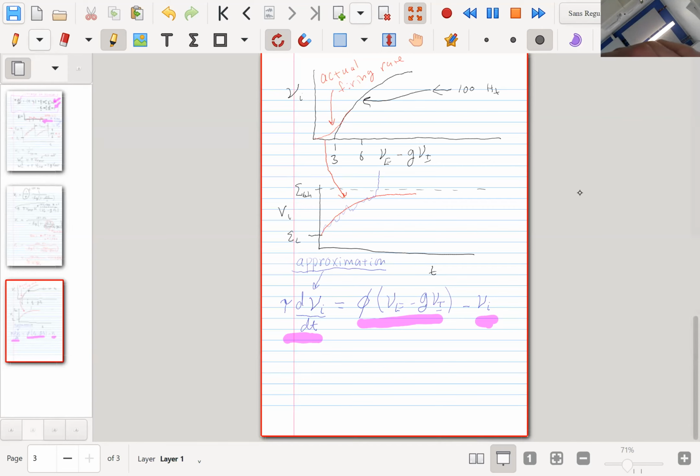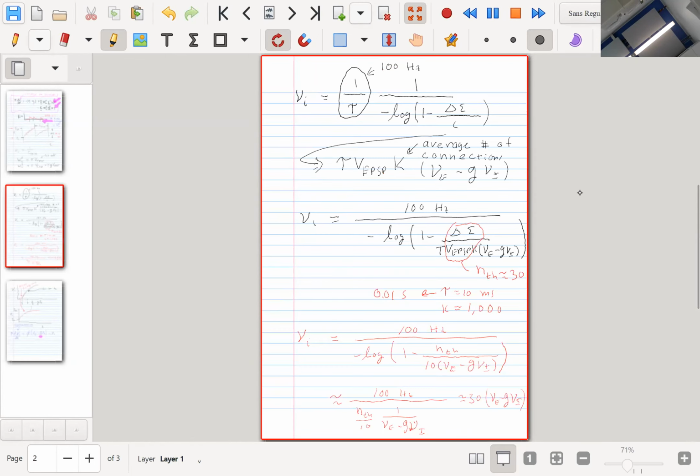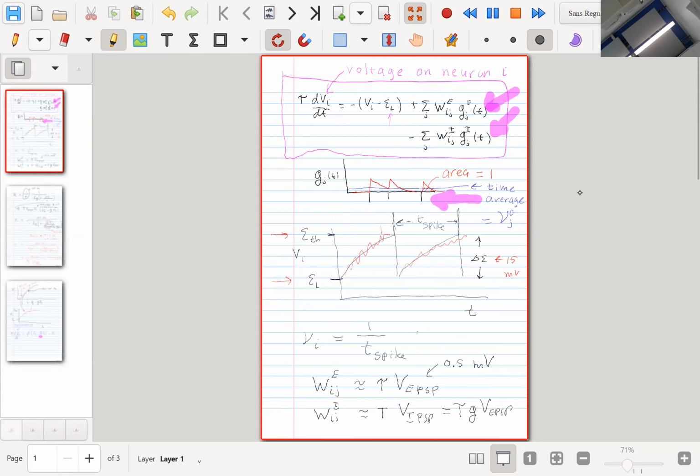Okay. So now we're going to do one more thing, and that is this G quantity here. G, just to remind you, is the ratio of excitatory to inhibitory PSP size.